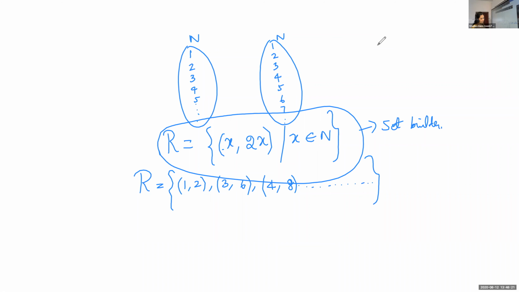Now, Femina, can you tell me in which form we are representing the relation here? We are writing 1, 2, 3, 6, 4, 8. What are the different forms we learned to represent a relation?